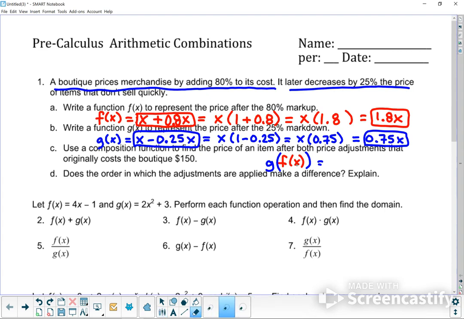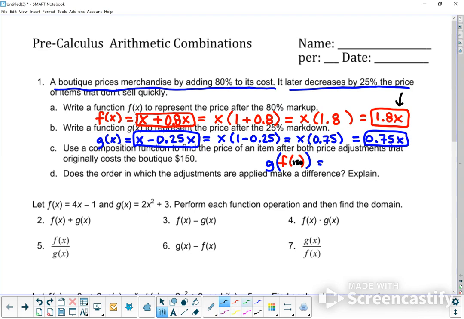So instead of the x, we're going to utilize $150. So first we're going to do $150. When you put it in here, $150 is marked up to 1.8 times, because it's 80% marked up from its original value.